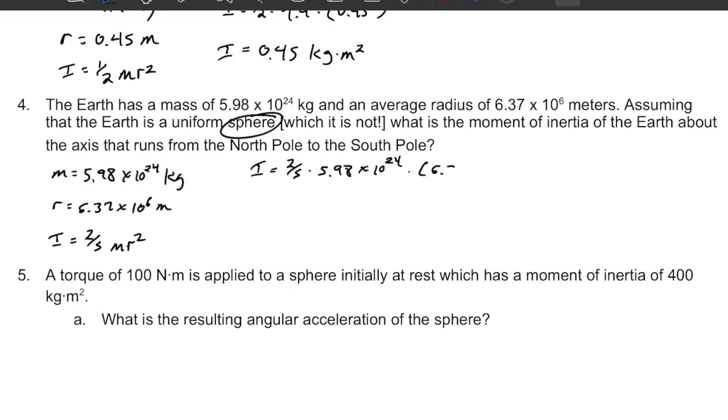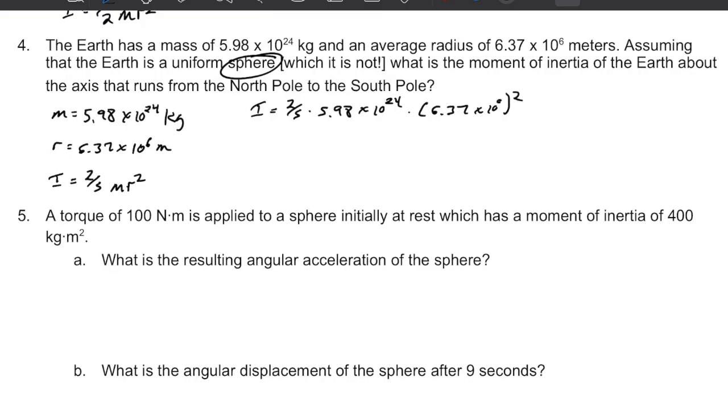That way you're squaring the radius and not squaring the entire problem, or squaring the power of 10. Once you get that all in your calculator, you should get 9.71 times 10 to the 37th power kilogram meters squared.